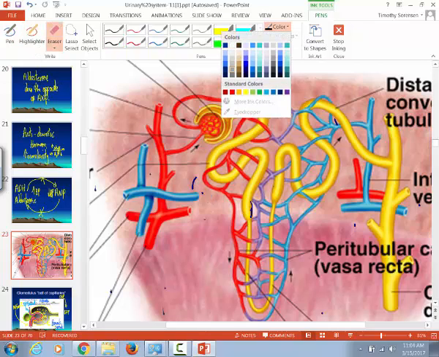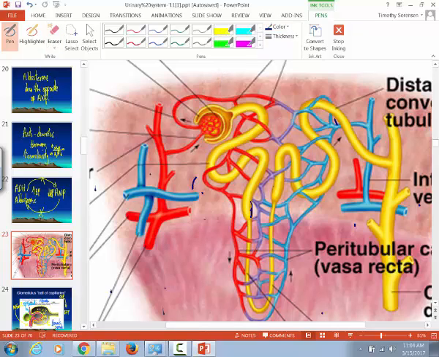Okay, there's a concept that you got to become familiar with. It's called GFR, or glomerular filtration rate. At minimum, you need about 30 milliliters per minute to be filtered by the glomerulus.